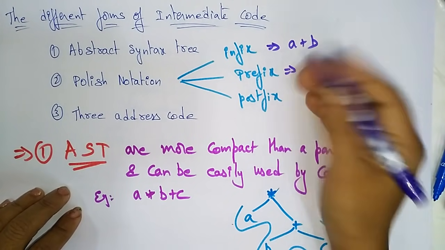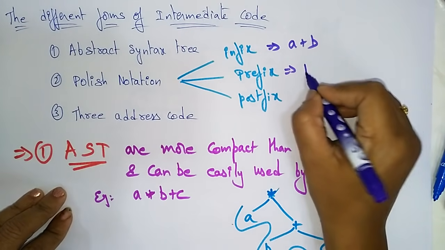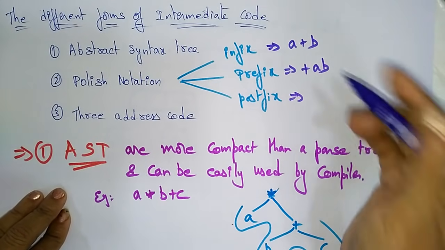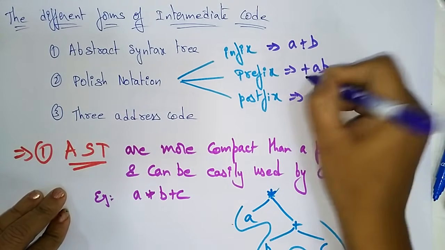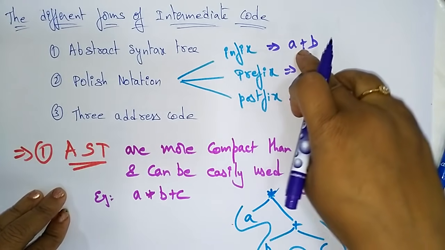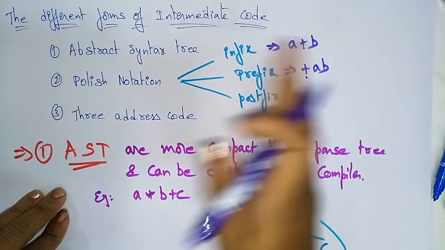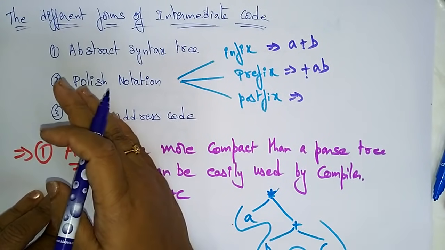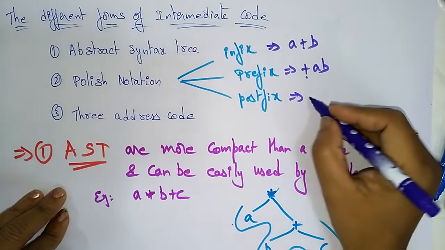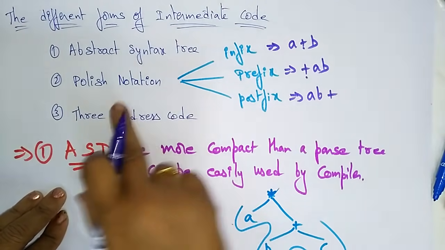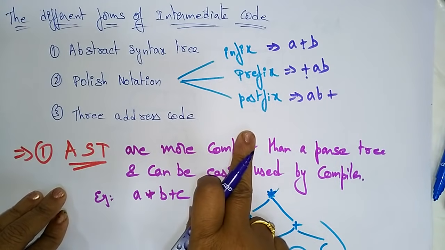Prefix, pre means before: plus AB. Post means after the operator. You have to focus only on the operators. If the operator is present in between the operands, then it is infix. Pre means the operator has to be placed before. Post means after: AB plus. So this is how you are going to represent polish notation: infix, prefix and postfix.